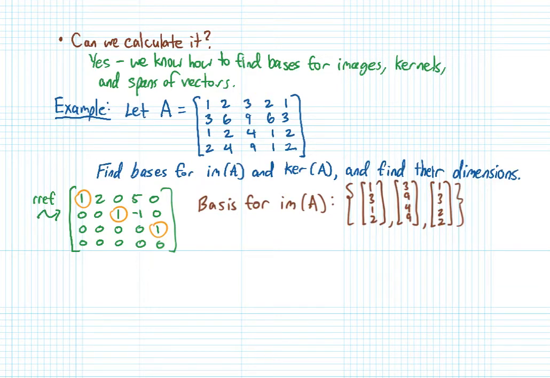The second and fourth columns of A are redundant because they can be expressed as linear combinations of the basis vectors. And in this case, you can actually see that from the reduced echelon form.